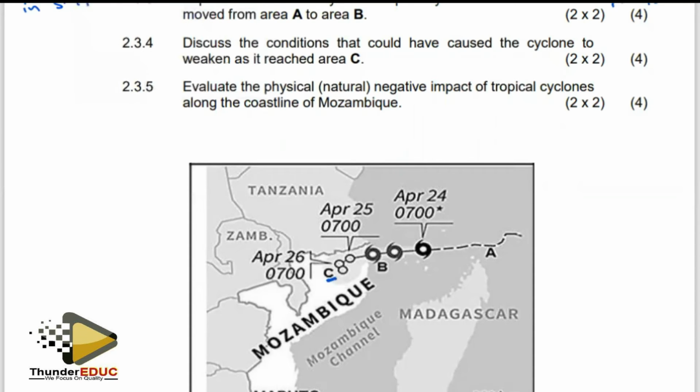Let's proceed to question 2.3.5, which says evaluate the physical negative impact of the cyclones along the coast of Mozambique.